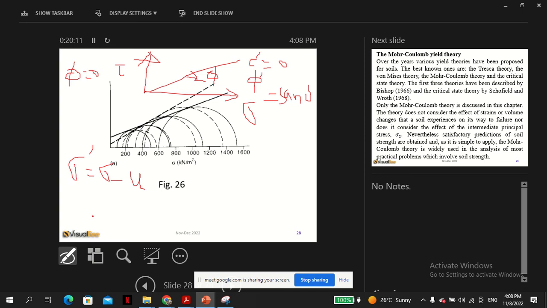But to measure this, the drainage condition takes time because clay has low permeability. So what is usually done is we do what we call total stress measurements instead of effective stress.